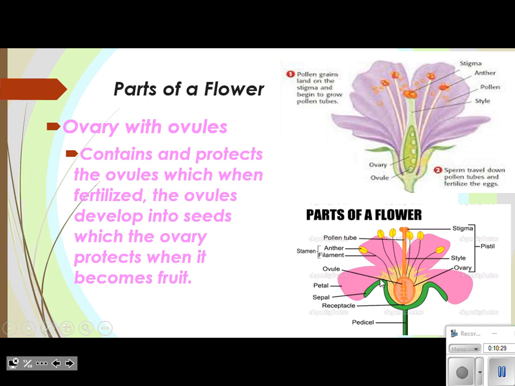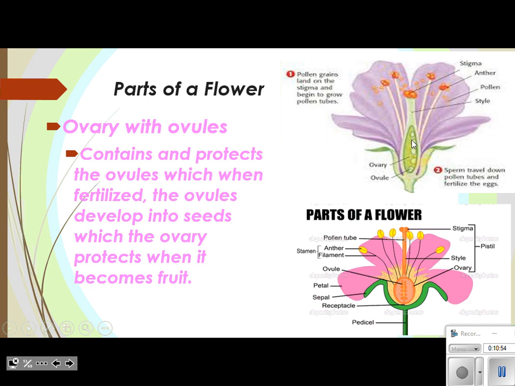So, let's talk about the apple tree. We've all ate an apple, right? You take an apple, you cut it in half, there's a core, and in that core it has seeds, right? So, the seeds are the ovule part. I look up here on the diagram, see these little circles here? Those are the ovules. This whole thing is the ovary.